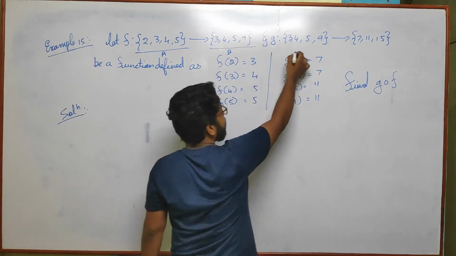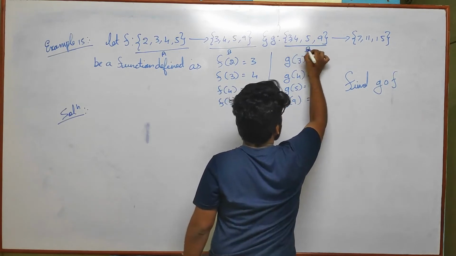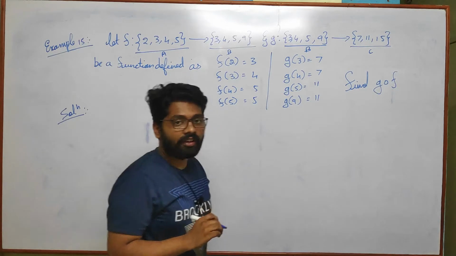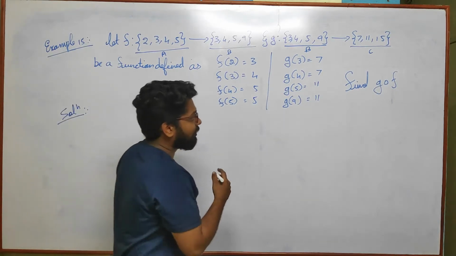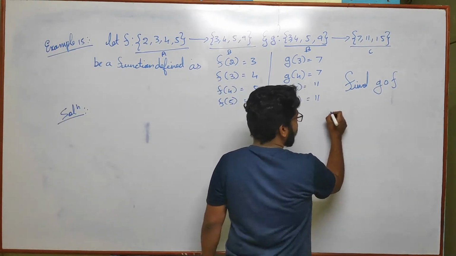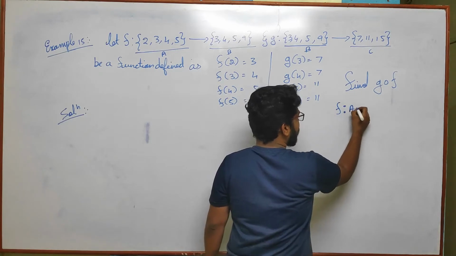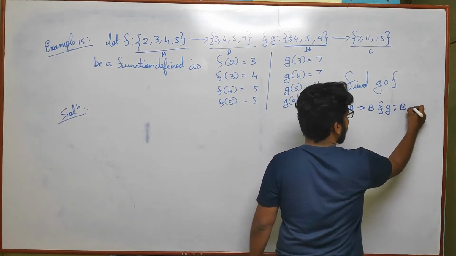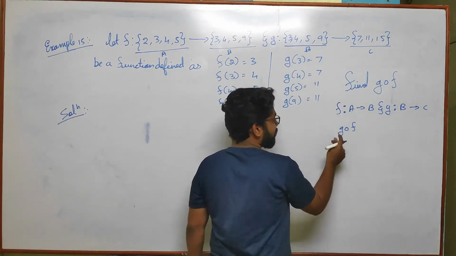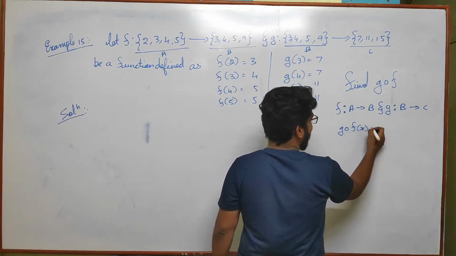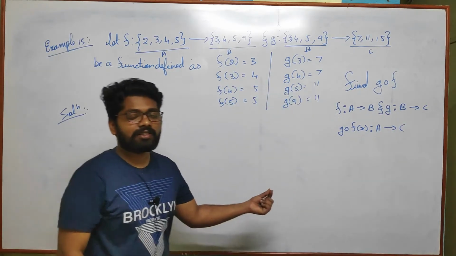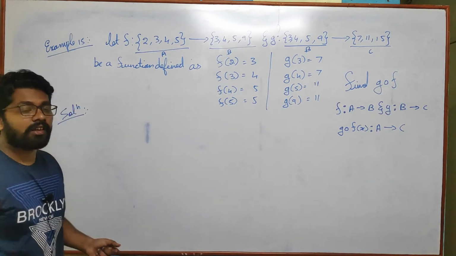The second function g is mapping from the same set B to another set C. As explained in the previous introduction, if f is mapping from A to B and g is mapping from B to C, the function gof(x) maps from A to C, where A is its domain and C is its codomain.